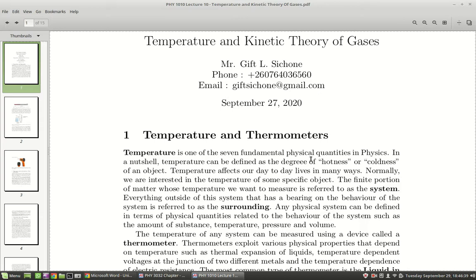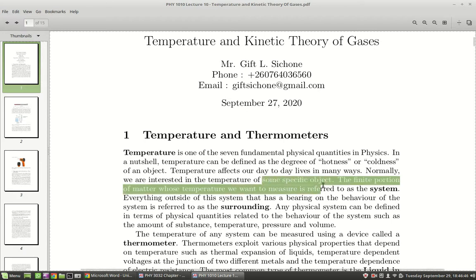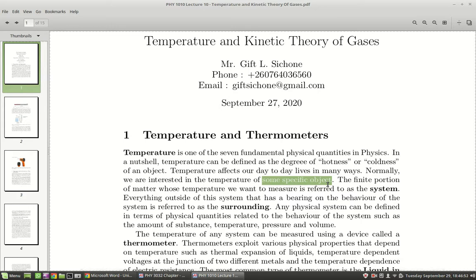When you're talking about temperature, you are interested in the temperature of some specific objects. That specific object whose temperature you are interested in is what we refer to as a system. The specific object, that portion of matter you are interested in, that's what we refer to as a system.